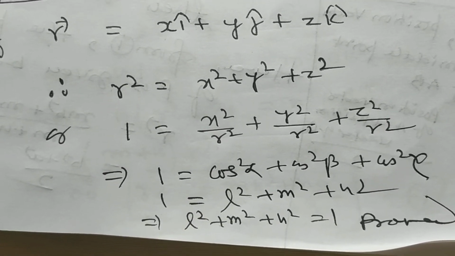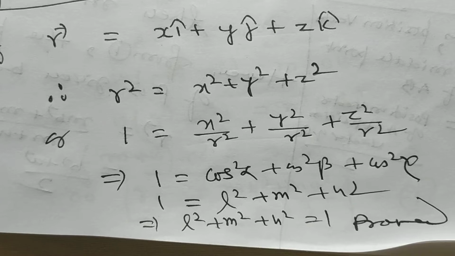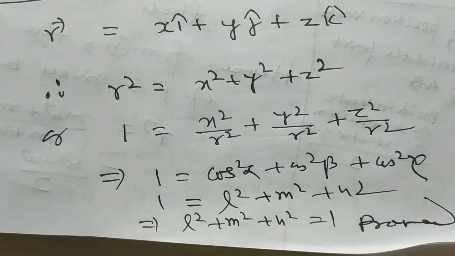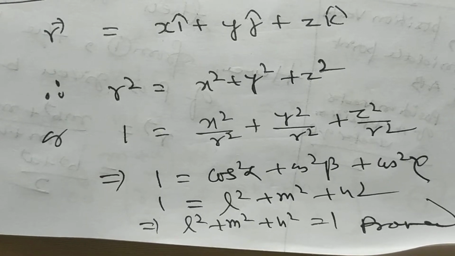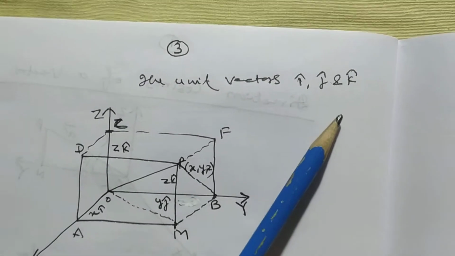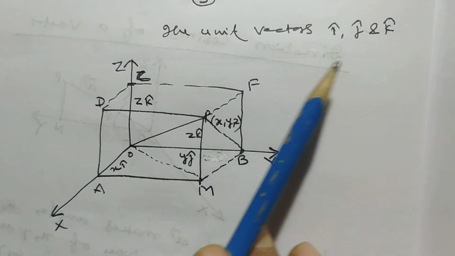Now, my dear students, in this way we can prove that the sum of the squares of the direction cosines is equal to 1. Now, the unit vectors i, j and k.